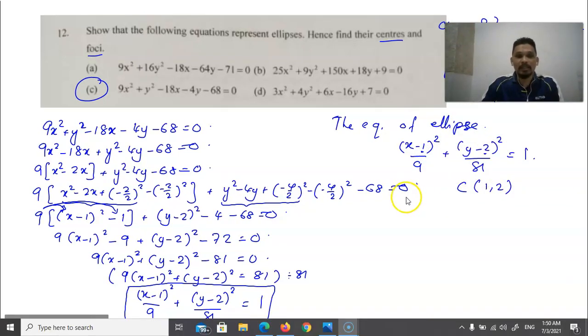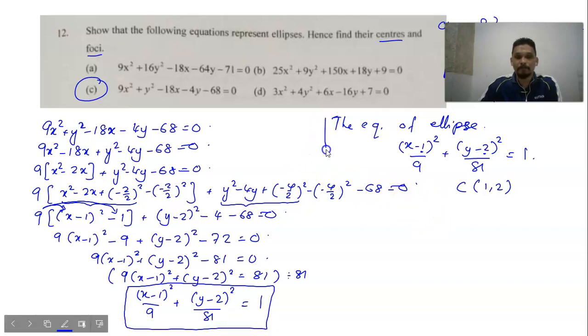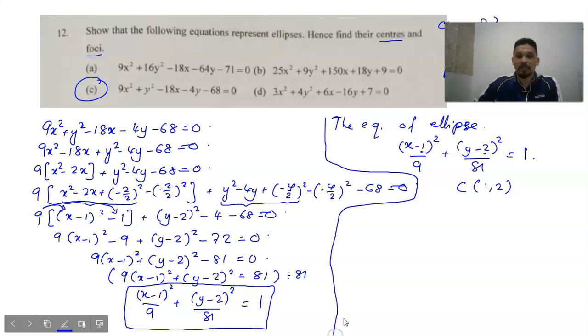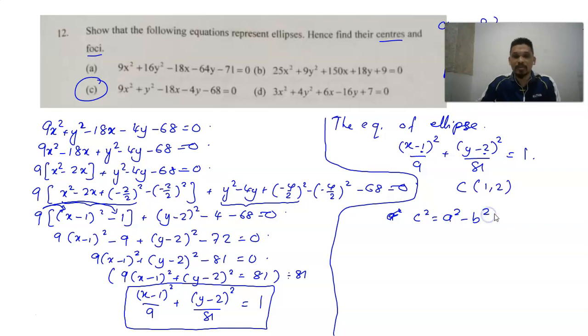Okay, and then the foci, both of the focus points. So we have the equation c squared equal to a squared minus b squared.